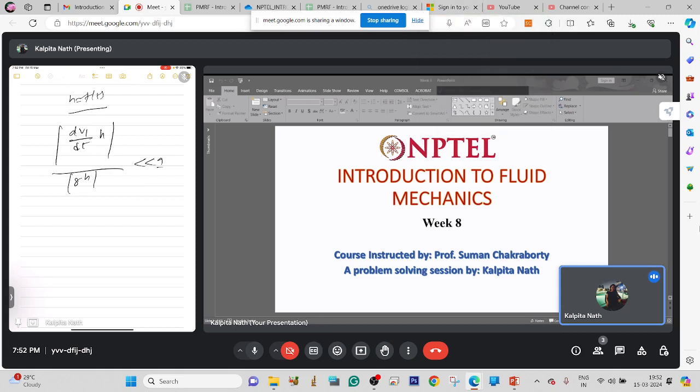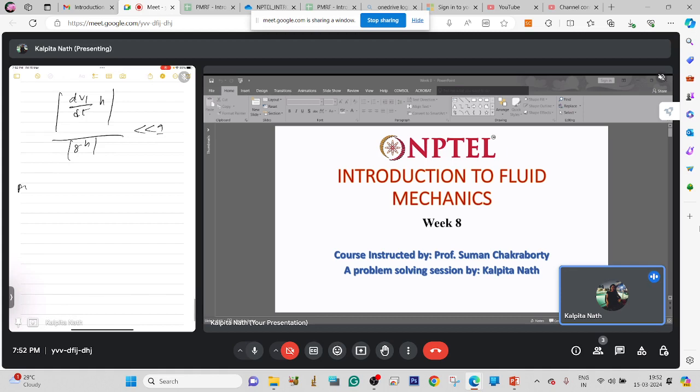Now A1V1 is equal to A2V2 according to the continuity equation, right? This can also be used when the flow is unsteady. Why? Because this was derived from the continuity equation where ∂ρ/∂t is equal to 0, which means density is constant.